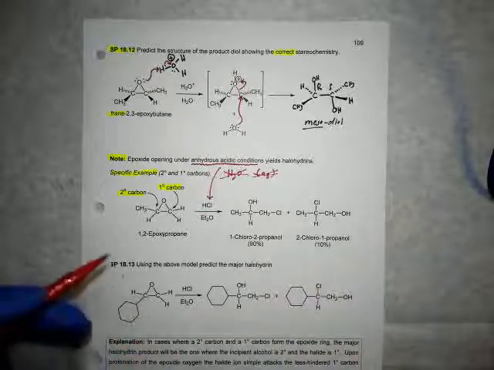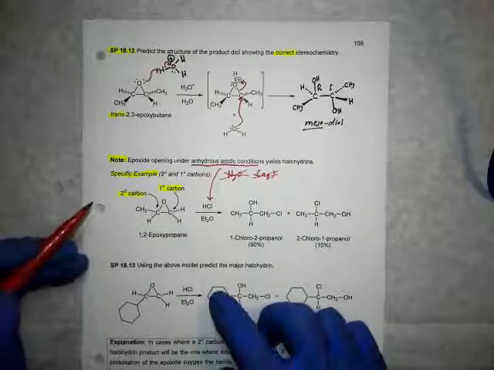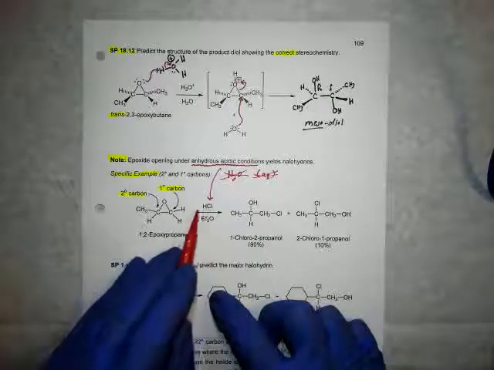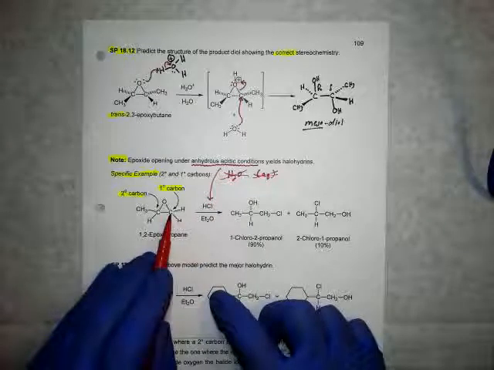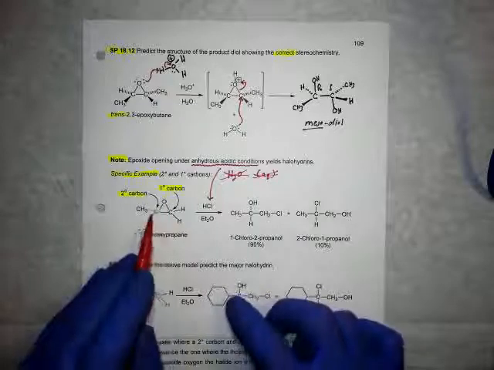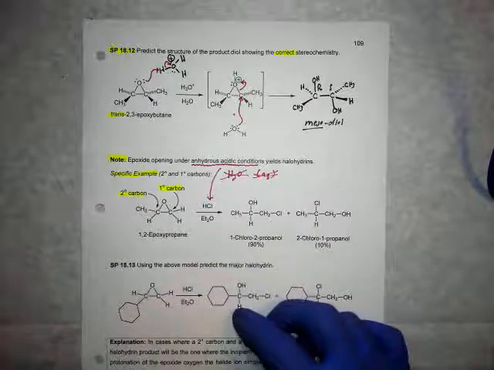Alright. What looks like is happening here is that the Cl is ending up on the primary carbon more often, and the Cl ends up on the secondary carbon far less often.